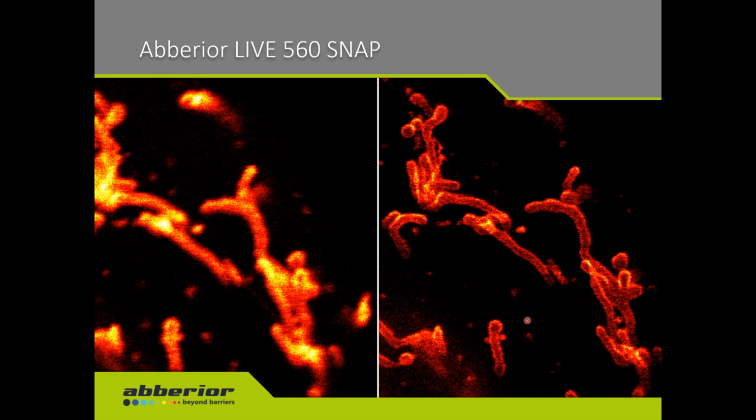On the right side is the corresponding STED image. Even though the Live 560 fluorophore is quite far away from our 775 STED laser, we can still use it for STED microscopy.